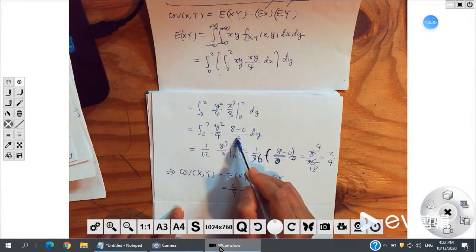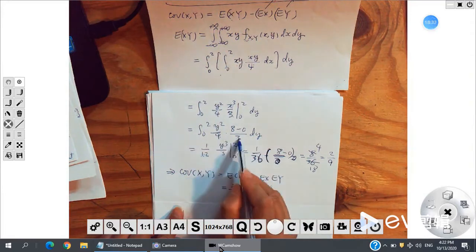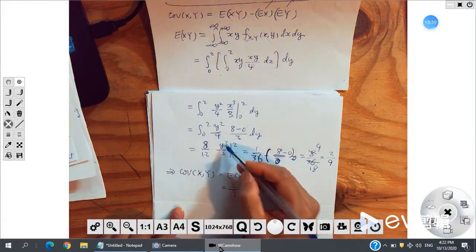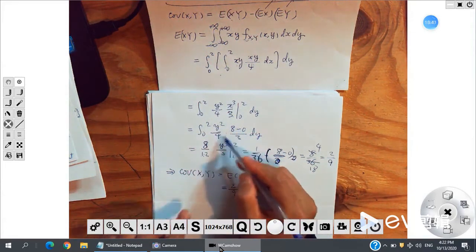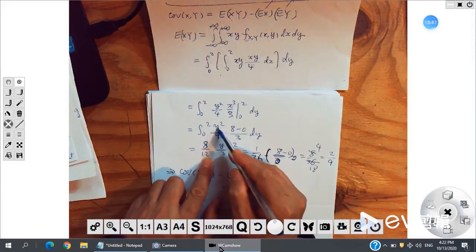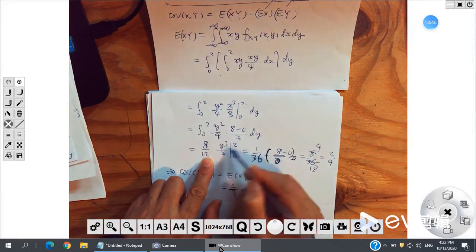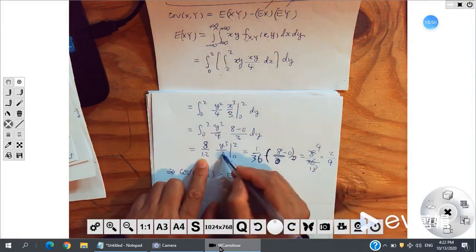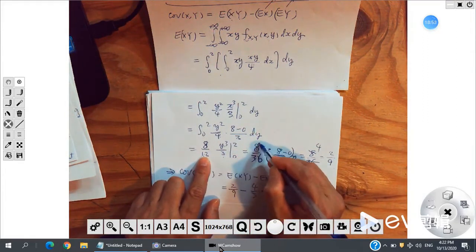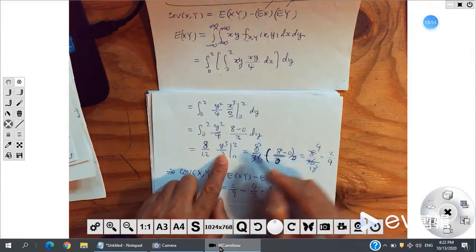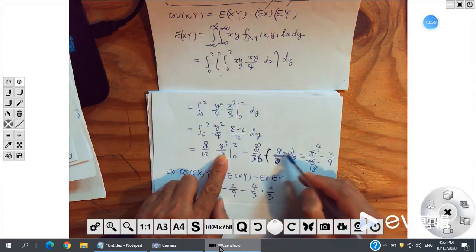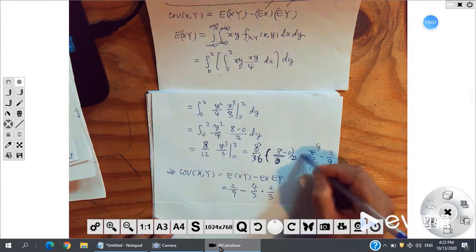Okay, these are the same thing. Then I have 8 here. Then y squared, right? I move all the constants to the front. Then y squared, take the integral, I get y cubed over 3. Then here will be 3 times 12, and the numerator is 8. And then inside is y cubed, this 2 cubed minus 0. So 8 minus 0.